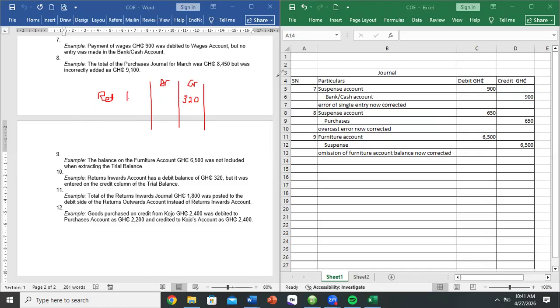Rashid, are you thinking through? Yes, sir. But you followed the error, right? As I explained, you followed it, right? The return inwards is supposed to be at the debit, 320. But this accountant has gone to put it at the credit side. So how do we correct it so that the 320 will come to its better place? So I'm listening.